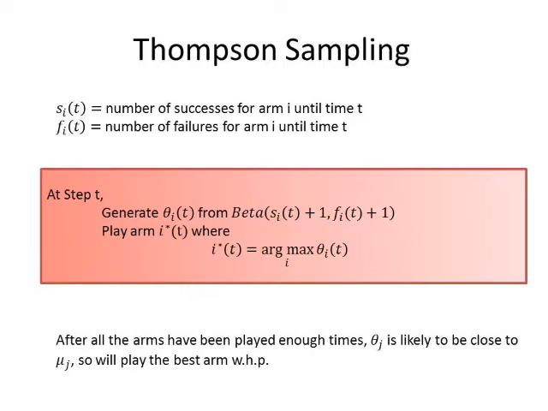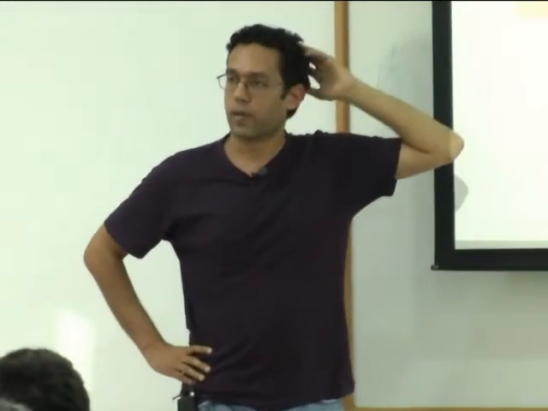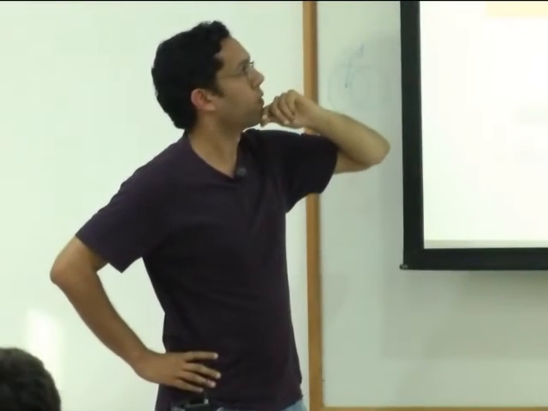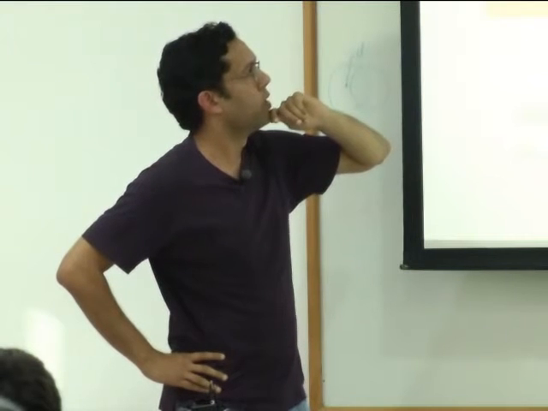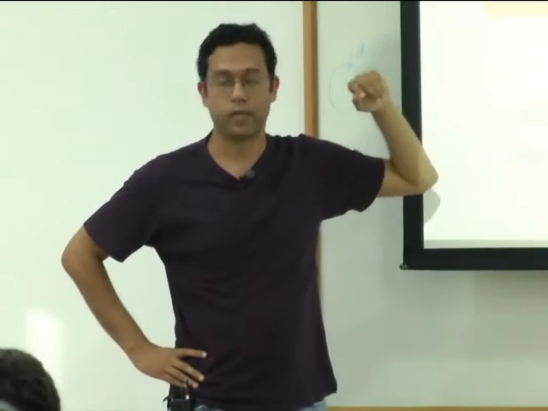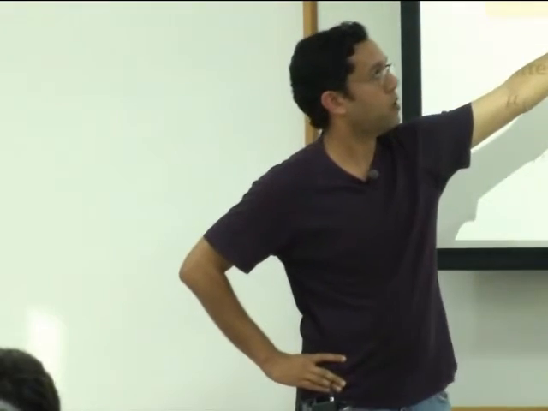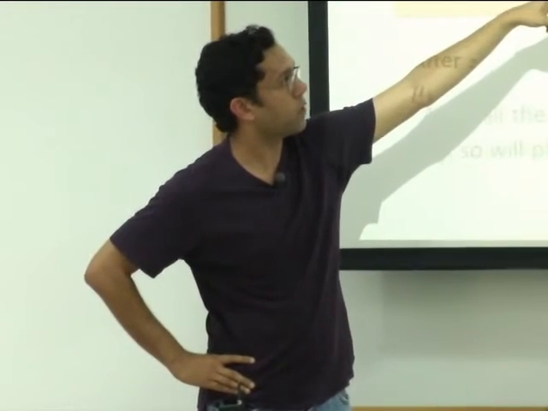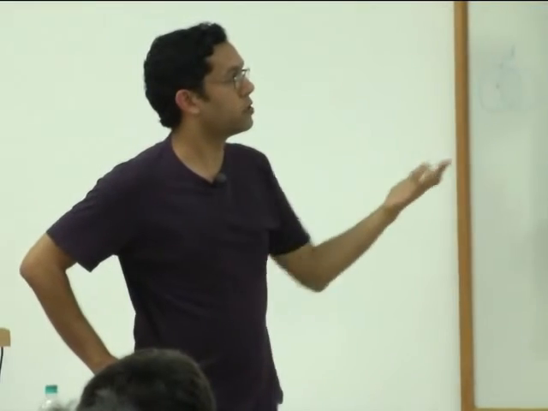Okay, so here is now the algorithm. It's very simple. At step t, to decide which arm to play, what we do is the following. For each arm i, we generate a random variable theta_i(t) according to distribution beta with parameters S_i(t) plus 1 and F_i(t) plus 1. And we play the arm i*(t) for which this random variable is the greatest.